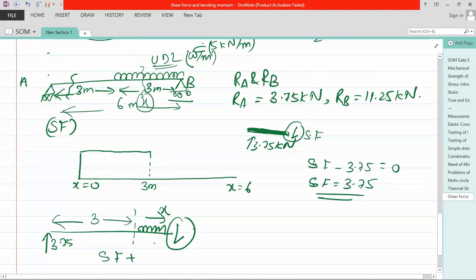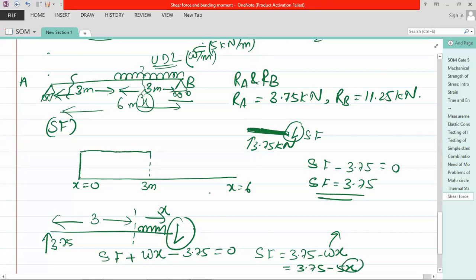SF plus w into x, then minus 3.75 is equal to 0. SF is equal to 3.75 minus wx, and w is 5. So 3.75 minus 5x. Now if you put x is equal to 0, that is at the point of 3 meter, we are getting 3.75. But after that, there is a decrement.